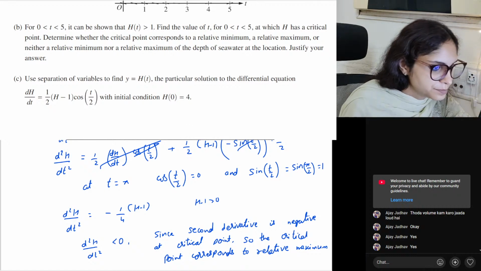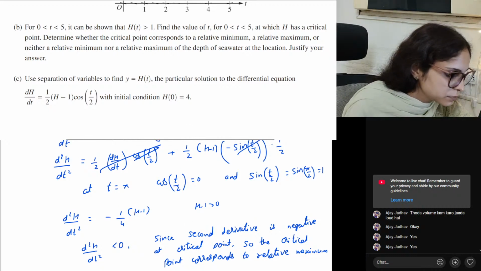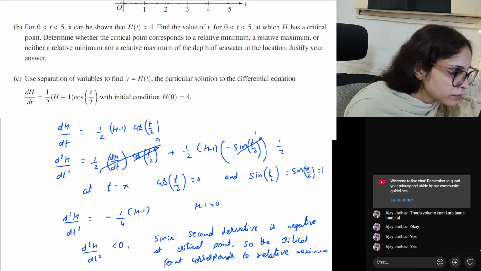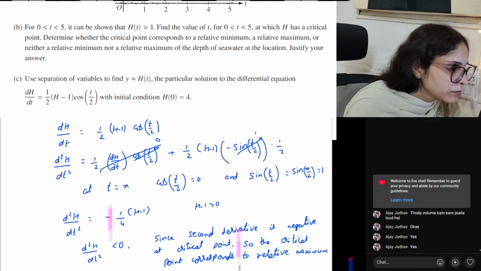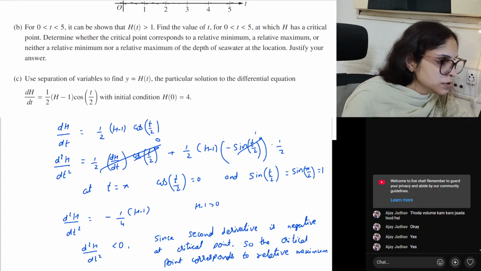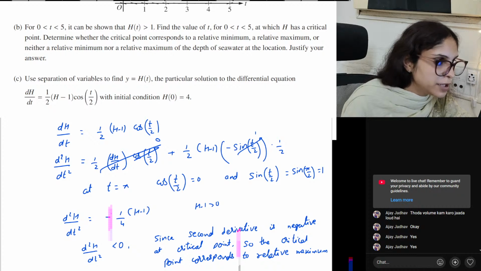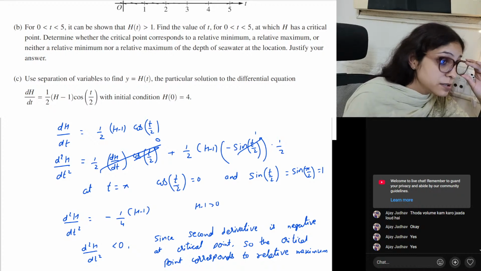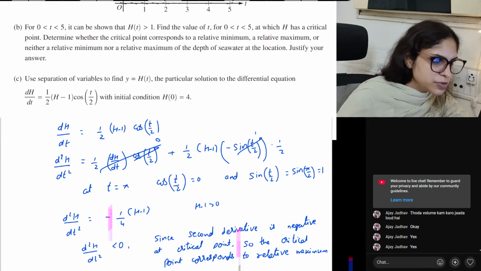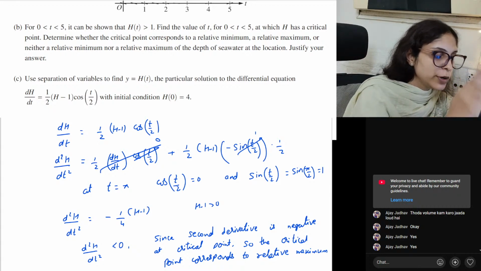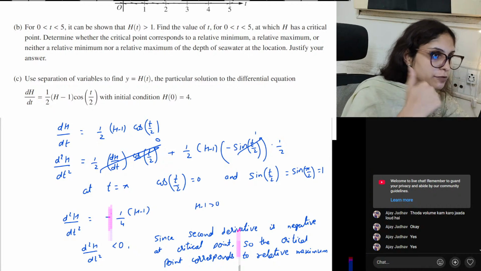So this is the entire thing. This is the second derivative test that we are applying to see if it is a relative maximum or minimum. But you can also apply the first derivative test. Because at the critical point it is going to be 0, you just have to see whether you're going from positive to negative or negative to positive.